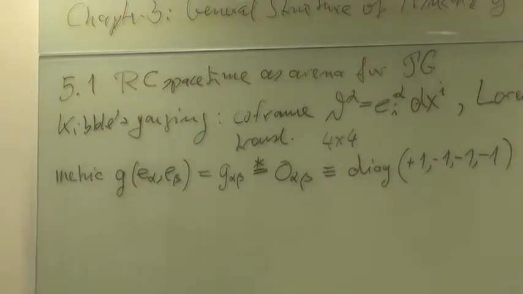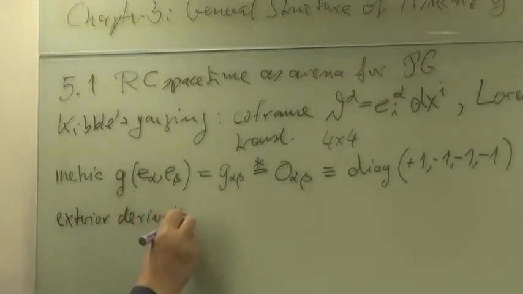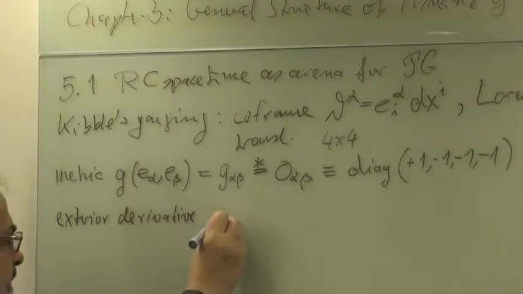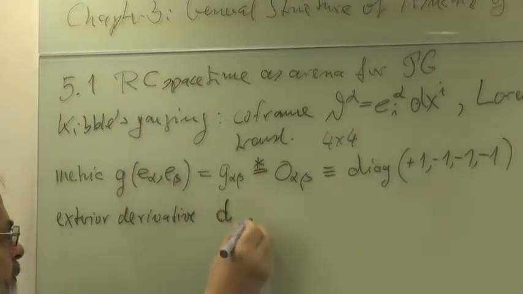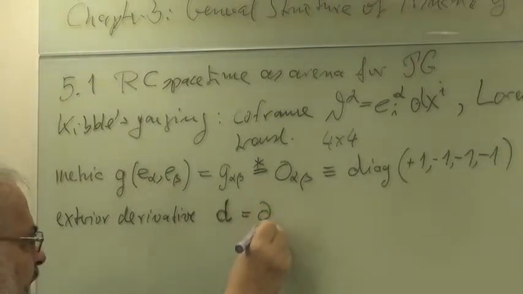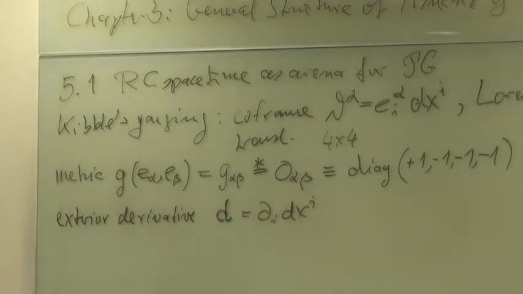Now we use the exterior calculus, so we have an exterior derivative, which is anticommutative, denoted by d, equal to partial_i times dx^i. It's a one-form.